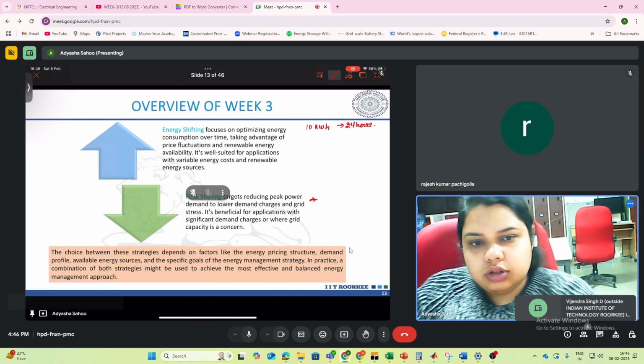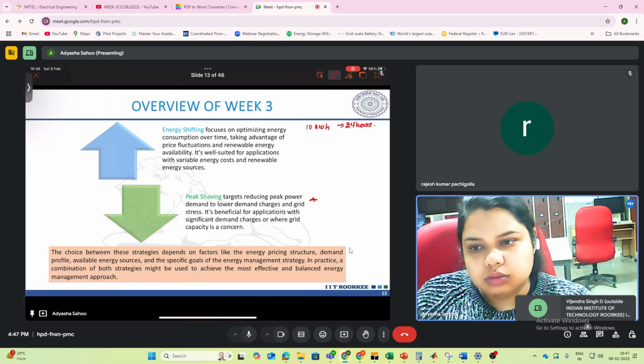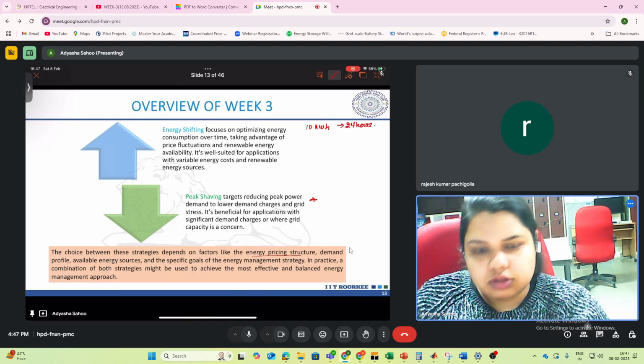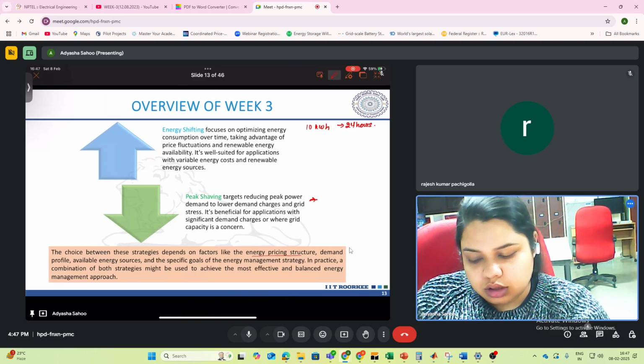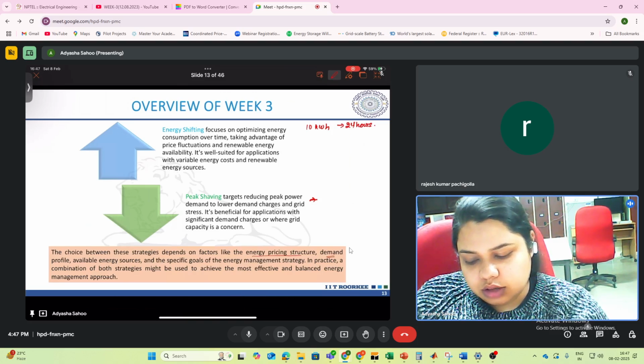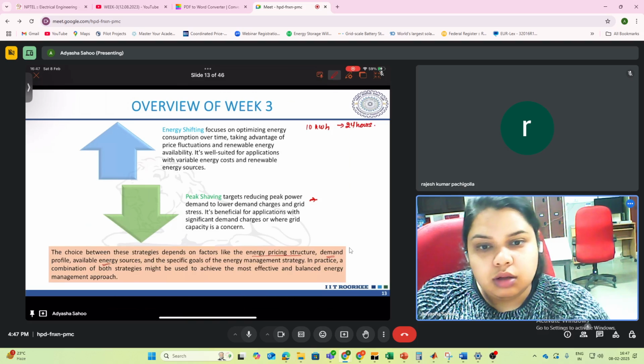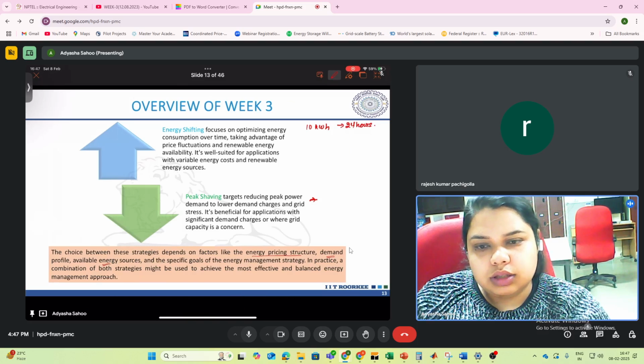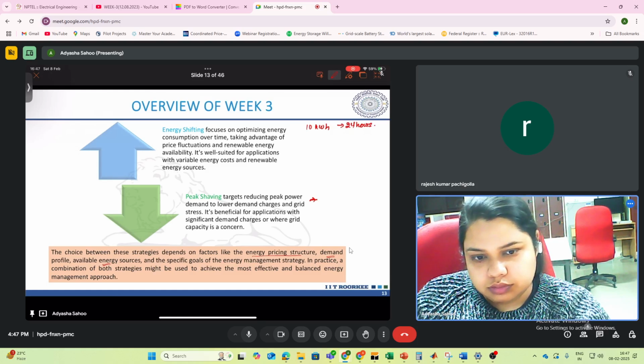So what strategy you want to apply will depend upon various factors such as the pricing structure of the grid that we are part of, the demand profile, the available energy resources, and the profile of the renewable energy. Those all will impact what strategy you want to use.